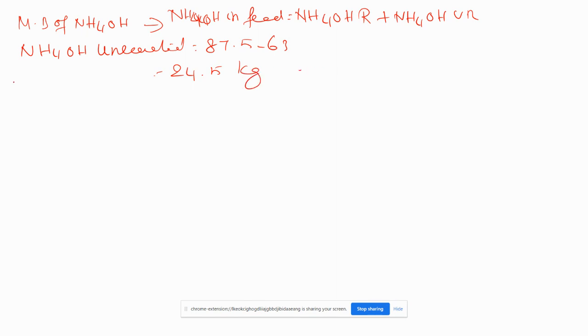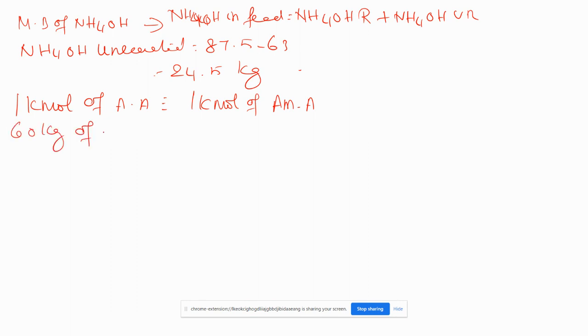Now we should know how much amount of ammonium acetate and H2O is produced. Unreacteds we have found, now produced we have to find. So write the relationship between reactants and products. 1 kilomole of acetic acid is equivalent to 1 kilomole of ammonium acetate. Therefore, as per the equation, 60 kgs of acetic acid is equivalent to 77 kgs of ammonium acetate.